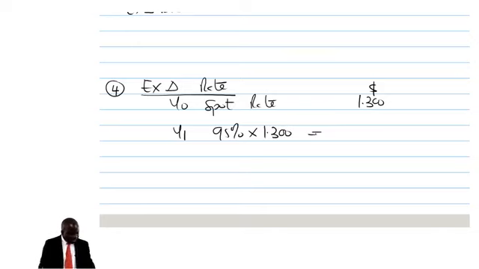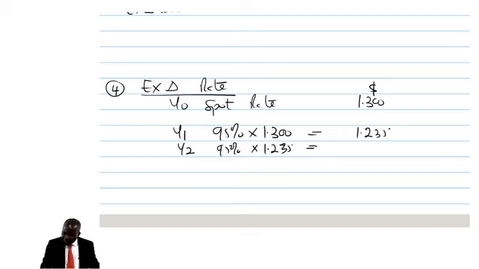And how much are you going to get? I will get 1.235. Then year 2, that will also appreciate by that. So 1.235 multiplied by 95%, you get 1.173. And then year 3, 1.173 multiplied by 95%, and that will give you 1.115.